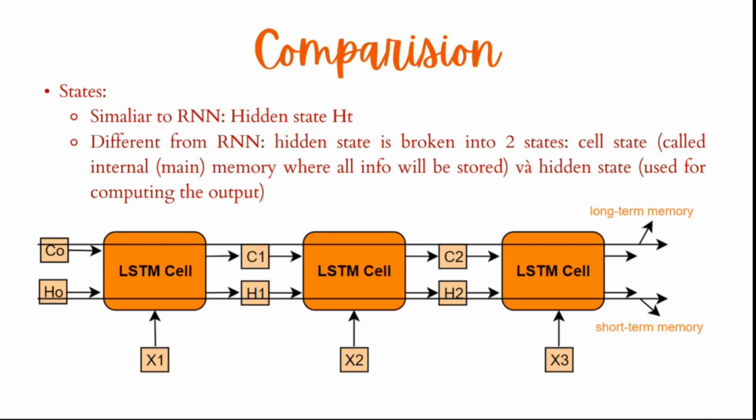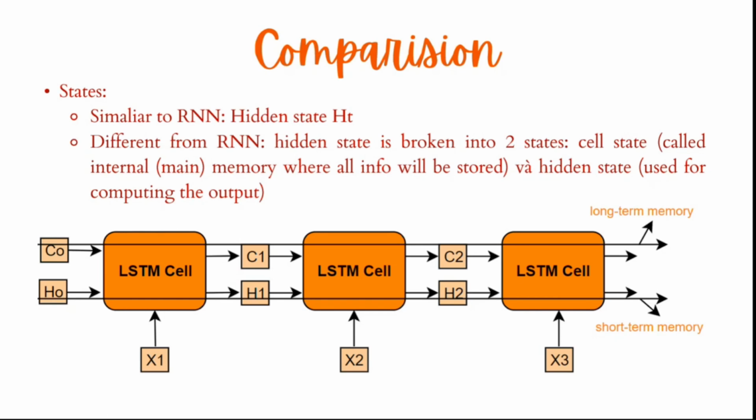And in contrast to an RNN, the LSTM introduces the concept of a cell state, which is also referred to as the internal or main memory. The cell state is responsible for storing and carrying information over long sequences. It acts as a conveyor belt, allowing relevant information to flow through while preventing irrelevant information from interfering with the learning process.